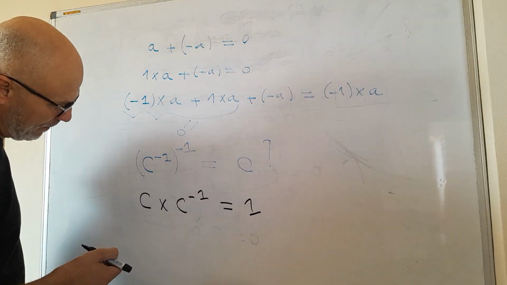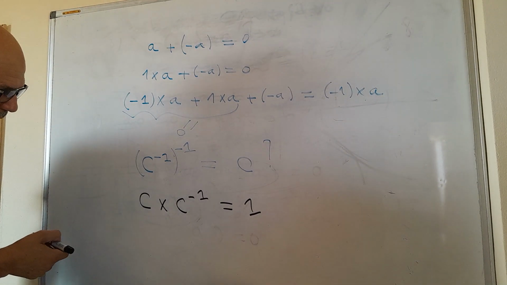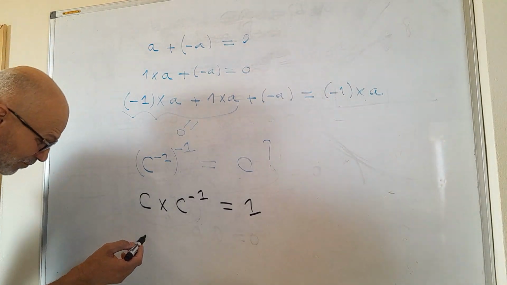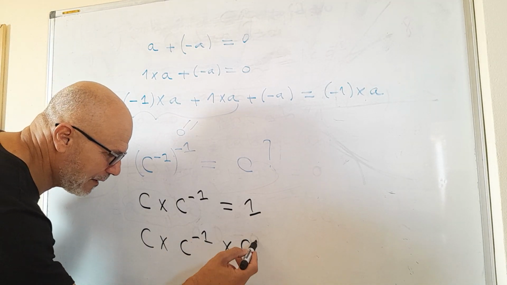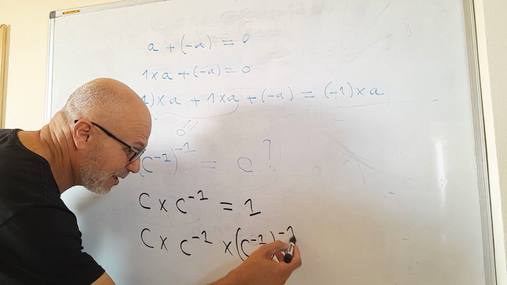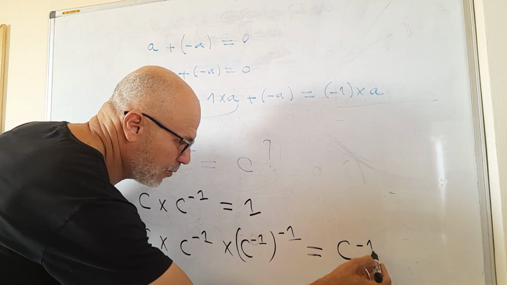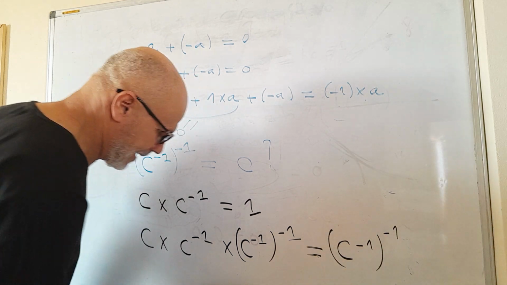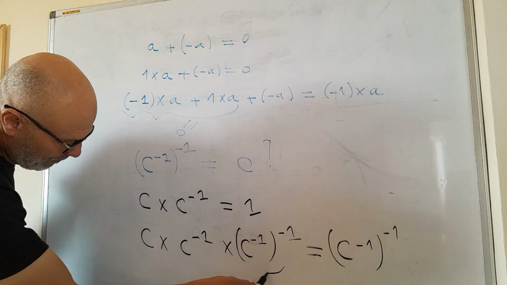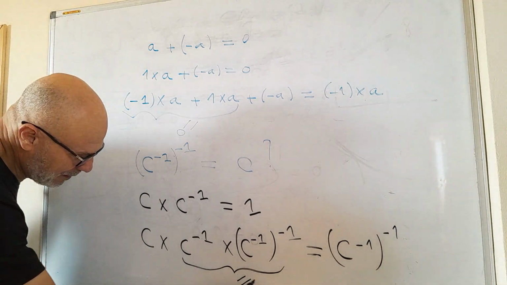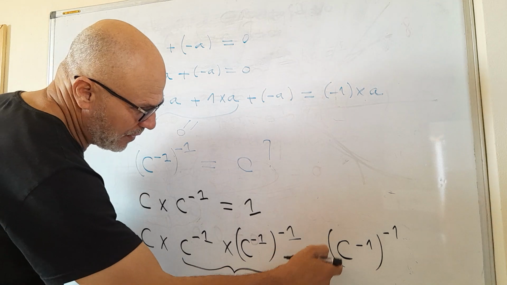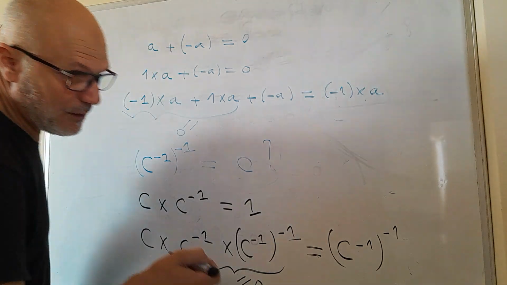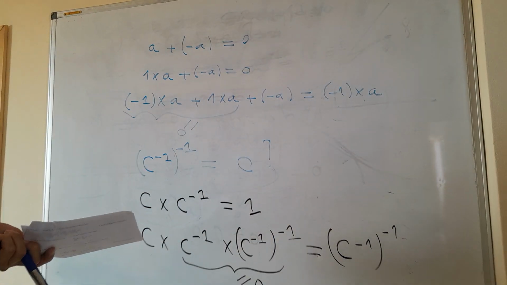By multiplying both sides of the equation by c minus 1 minus 1, we get c minus 1 times c minus 1 minus 1, and this is equal to c minus 1 minus 1. But this element is equal to 1, which means that c is equal to c minus 1 minus 1, so the inverse twice.